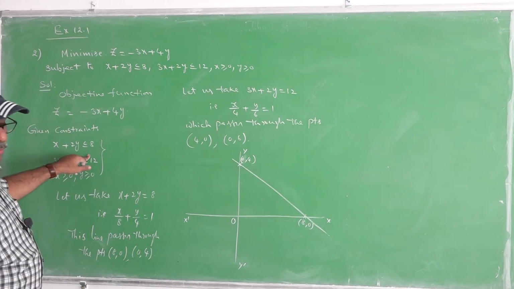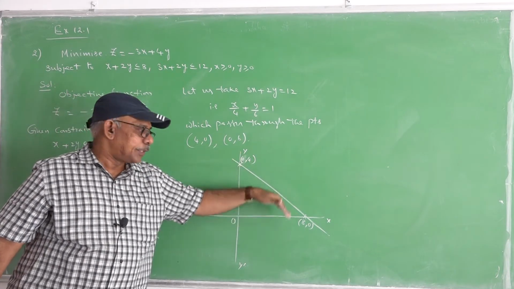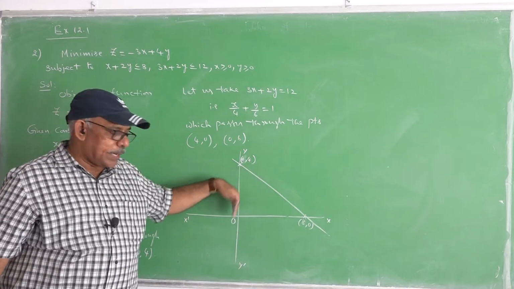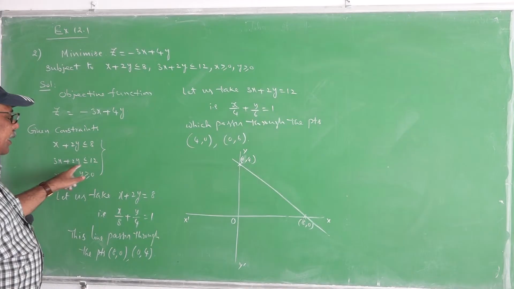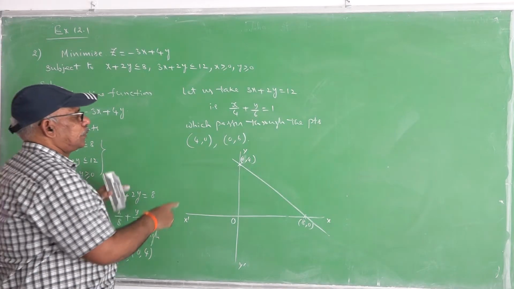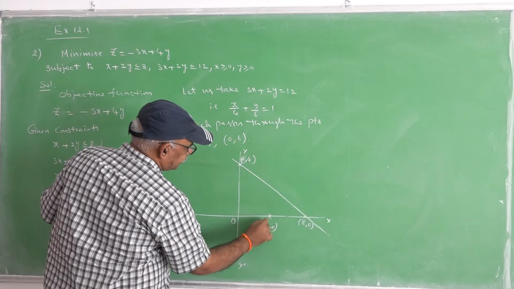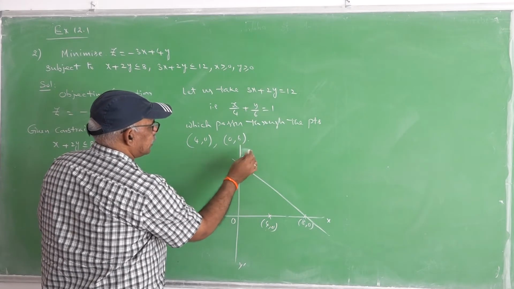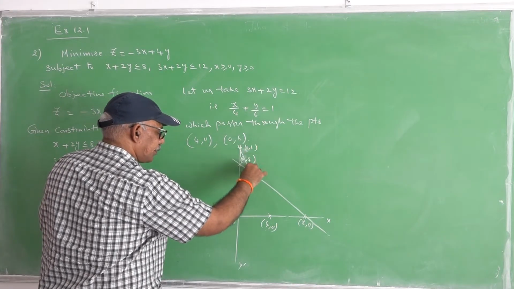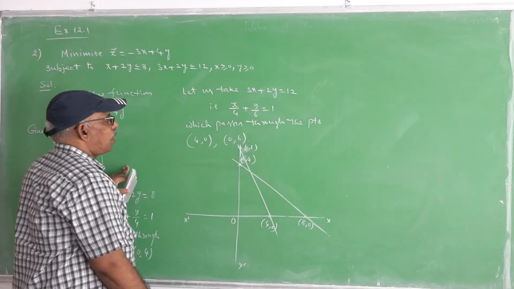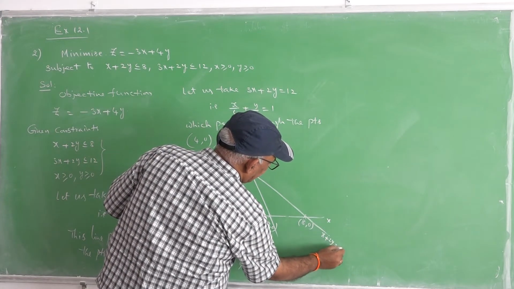X plus 2y less than or equal to 8 means you have to consider the half plane below the line. Similarly, the 3x plus 2y equal to 12 line passes through 4, 0 and 0, 6. So, take this line. This is the line x plus 2y equal to 8.